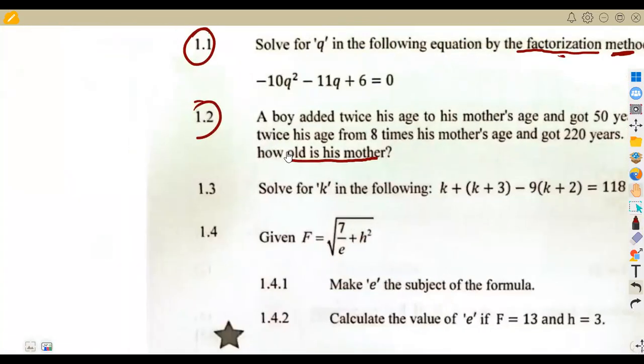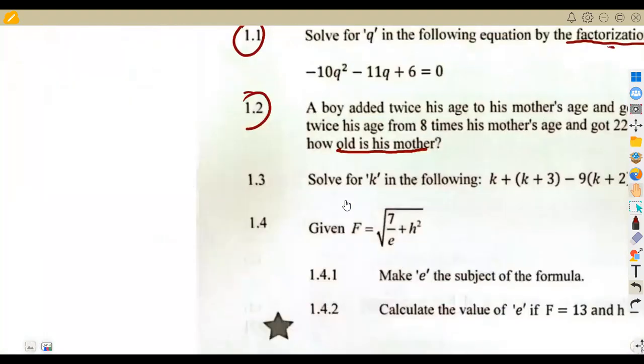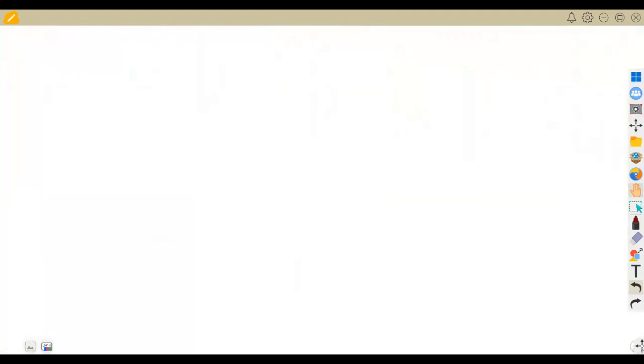The first reference that we have is given on the boy's age, and the other one on the mother's age. So we've got 2 different ages that we are given here.